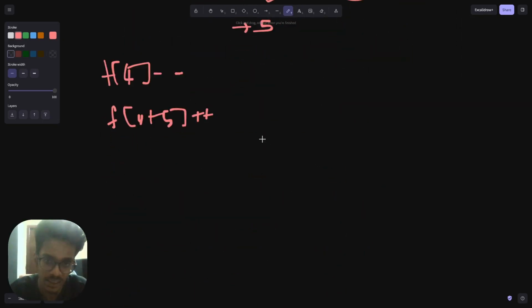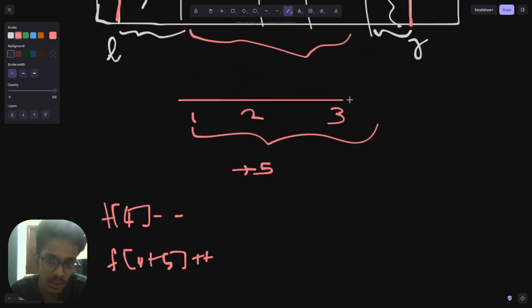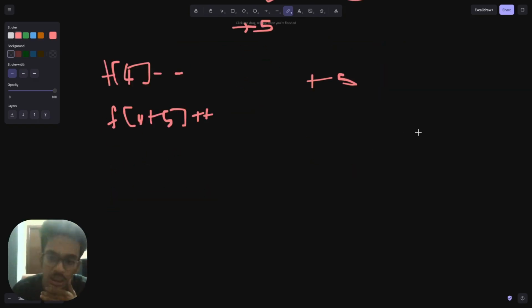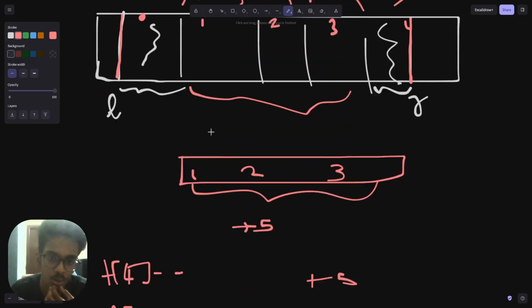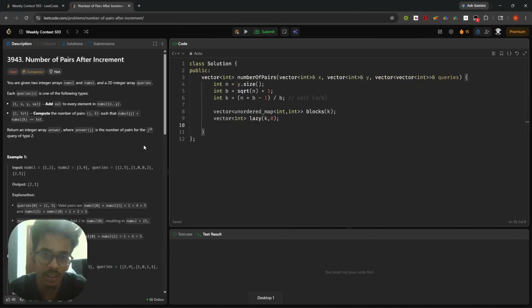Instead, you store a lazy array which would say that whatever the elements are there in blocks 1, 2, 3, I have added +5 to it. We are ensuring this. So the real value would be equal to the stored value in the data structure we made here, right?